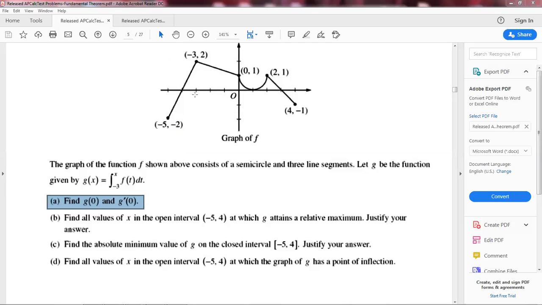This is negative 3, so I have to find the area in this region, correct? So this trapezoid, correct? That's not a big deal. Everybody knows the way to get this one. It's a trapezoid, or a rectangle plus the top triangle, correct?